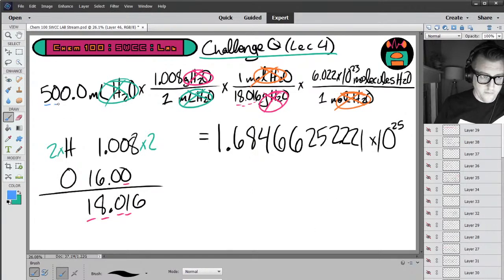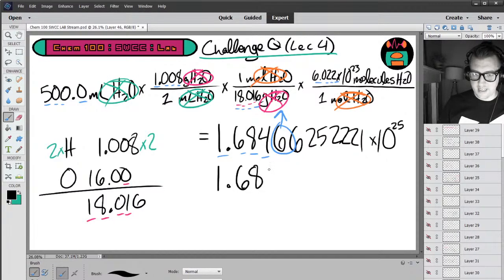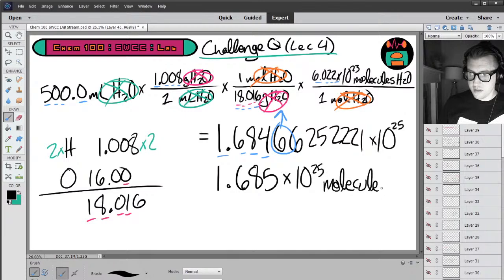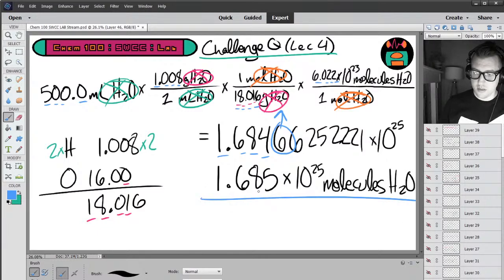Our volume has 4. This density has 4. Our molecular weight has 4. Avogadro's number has 4. So we're limited to 1, 2, 3, 4. This 6 is going to round up. So this would be 1.685 times 10 to the 25th molecules of water.